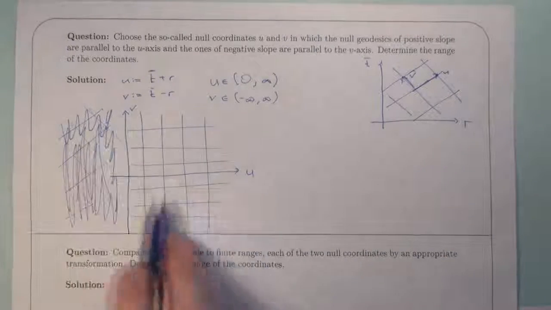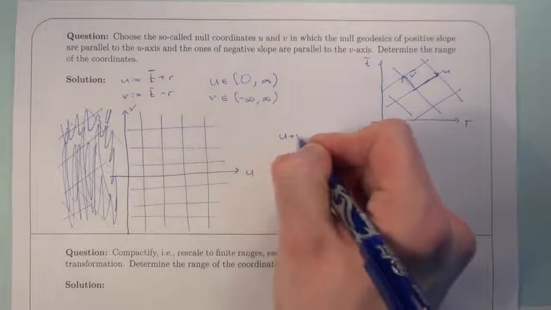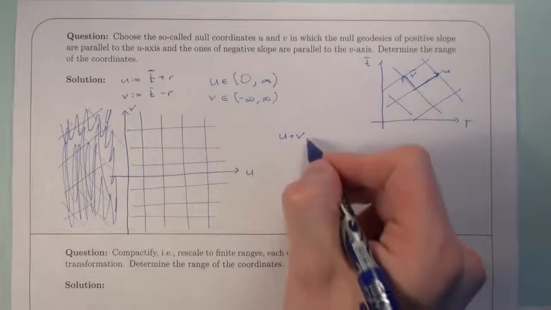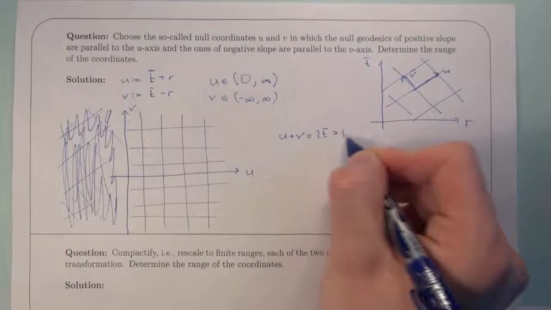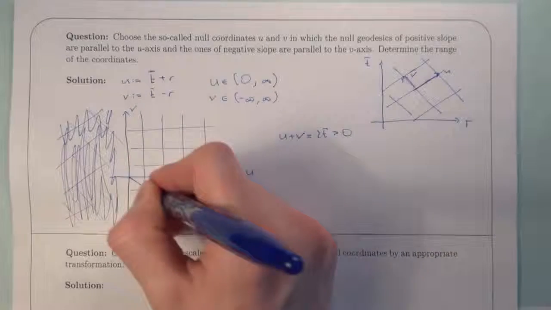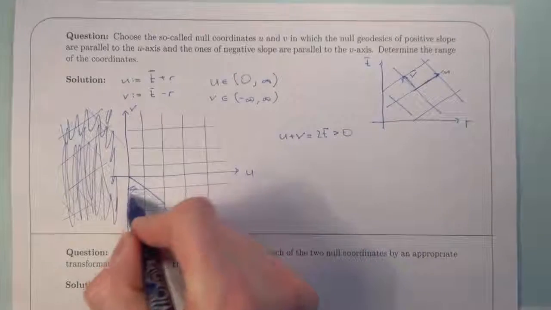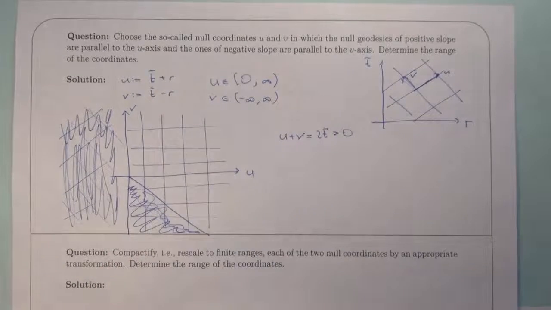But now we can further constrain this thing, because we can, for example, look at u plus v, which is twice t bar, which is of course greater than 0. And what that means is that we can also exclude this part here.